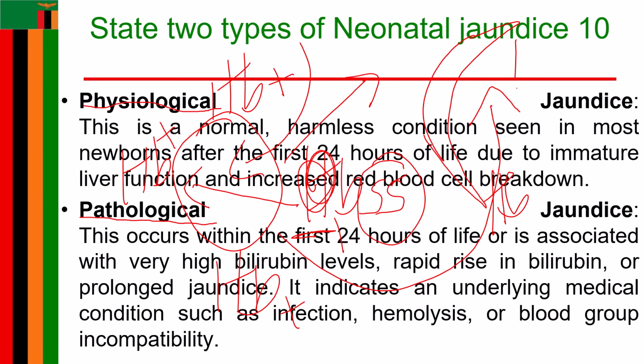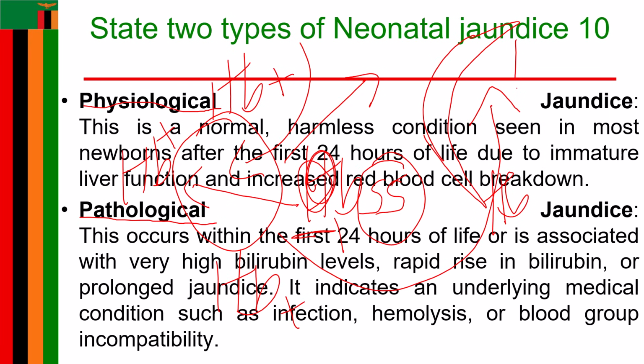Now, a sickled red blood cell means that it cannot carry 4 hemoglobins, but it carries 2 viable hemoglobins. Meaning that it is now carrying half the amount of oxygen. So when the body realizes that the red blood cells are sickled and they are carrying half the amount of oxygen, those sickled red blood cells are broken down faster because the body is trying to remove them. They are not performing a normal function.